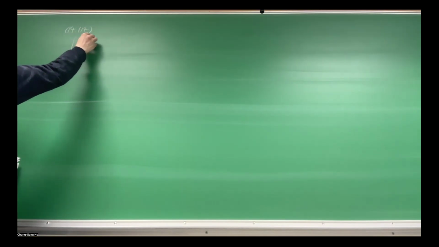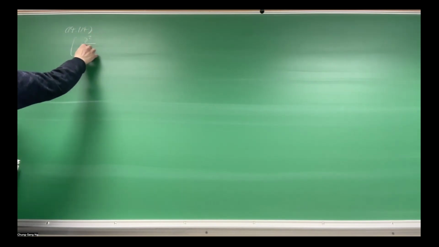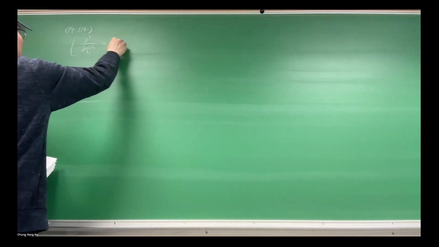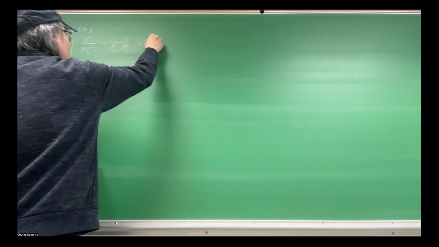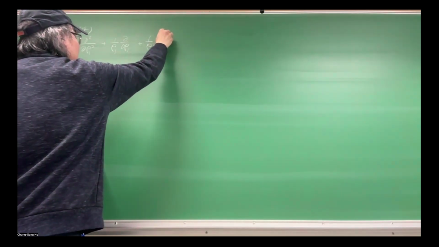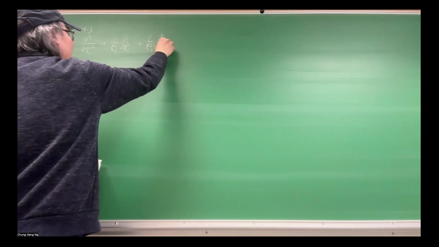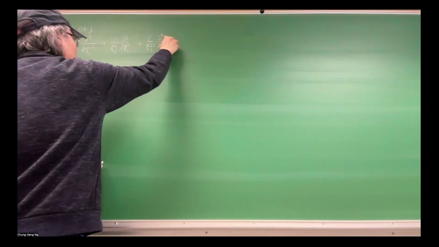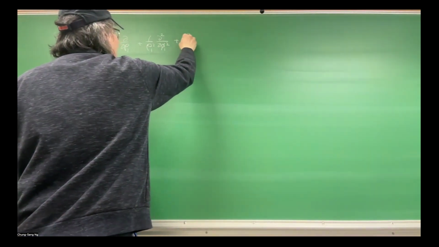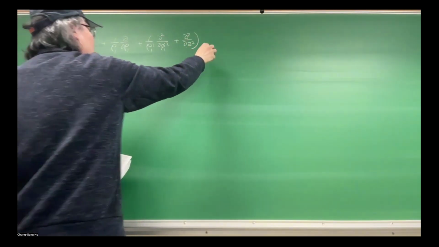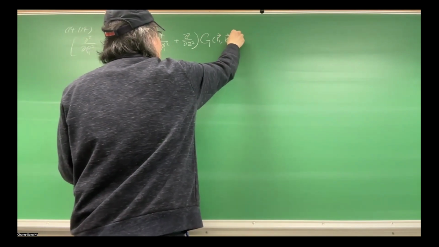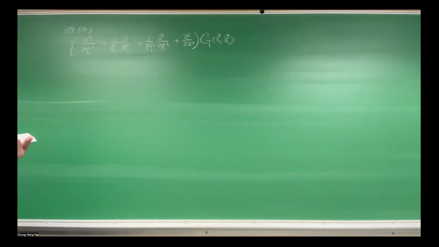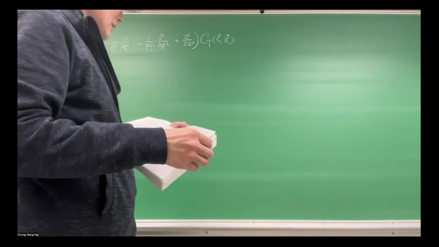We have the operator on coordinate 1: the partial with respect to rho 1, one over rho 1 squared, the partial squared with respect to phi 1, and the partial squared with respect to z. We operate on the Green function. The Green function has two position vectors r sub 1 and r sub 2, and this is operated on the coordinates of the first position vector.